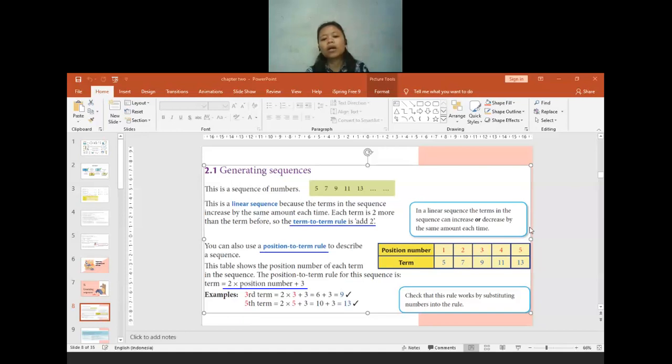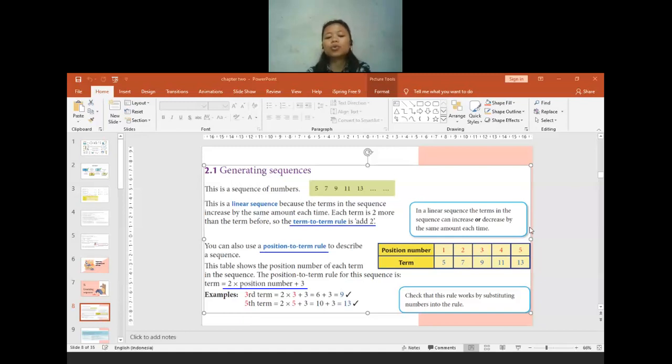The first term here is 5, the first number. The second term is the second number, the third term is the third number, and so on.